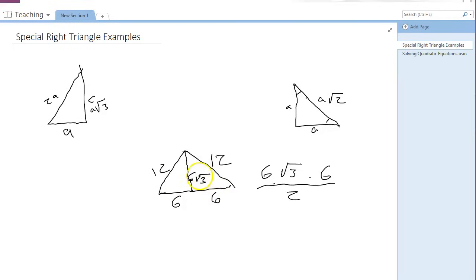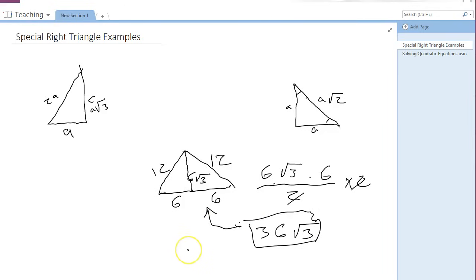But now we have 2 of these. So that times 2. So these 2 and these 2 will cancel out. 6 times 6 is 36 root 3. This would be the area of this triangle. Simple as that, without applying any equation or anything.